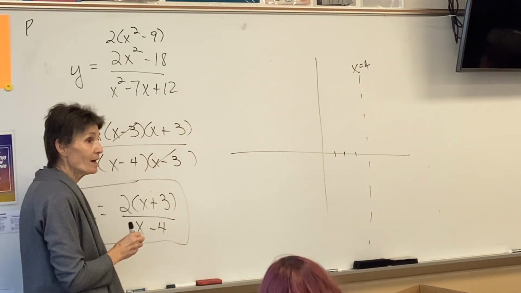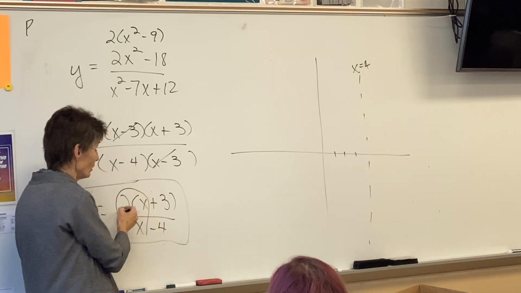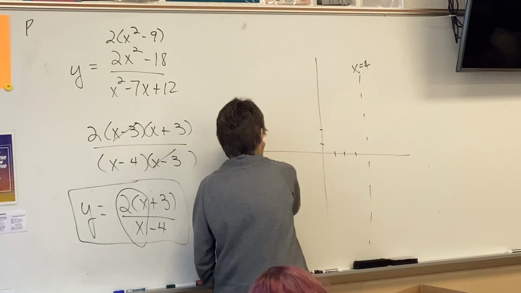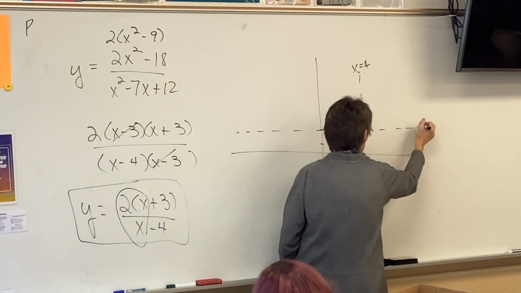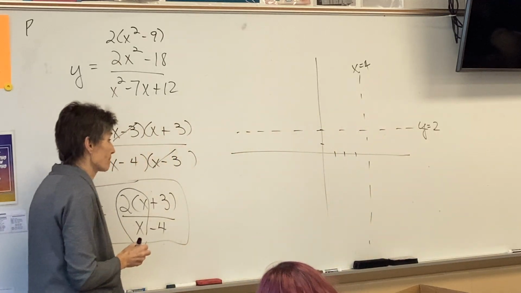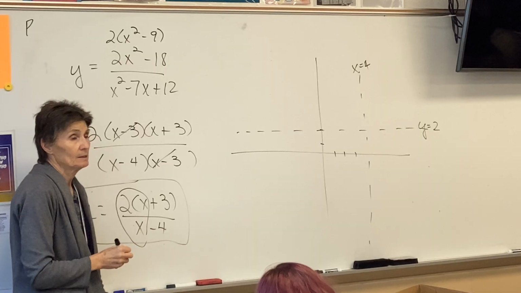And for horizontal asymptote, you're going to write y equals 2. See, that 2 is important. Now, everything else is a point.